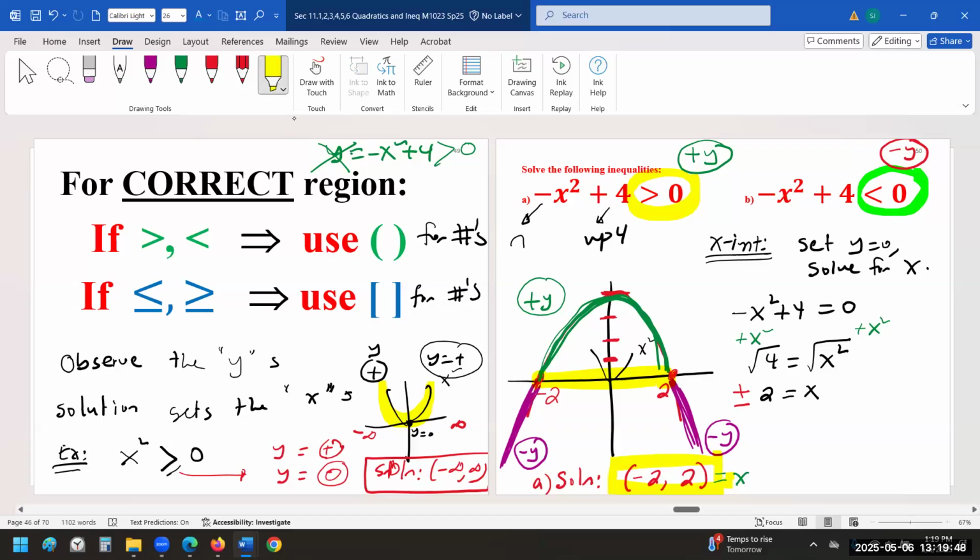So we already seen all of these are negative, right? All of these are also negative. So which x values gives us all of these negative y's? Definitely negative infinity until -2.